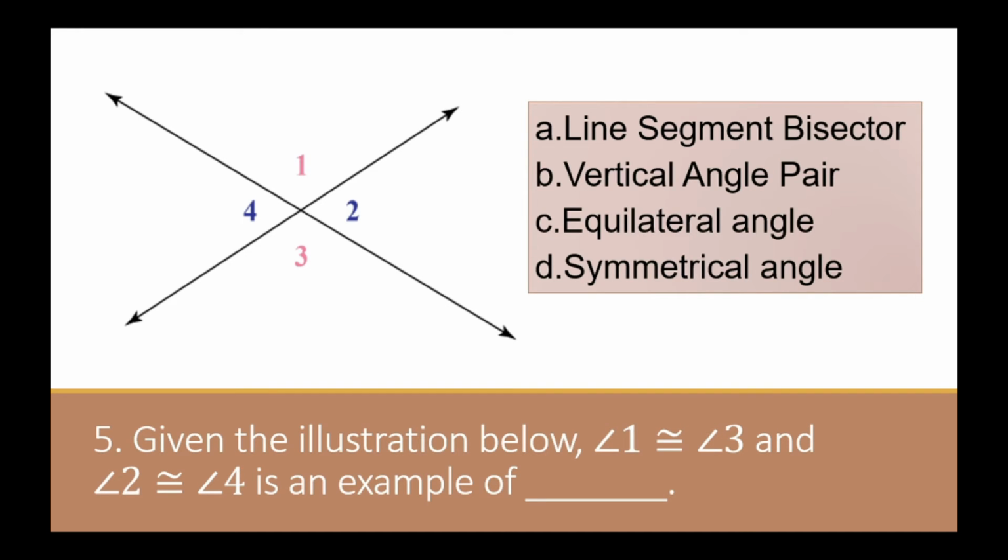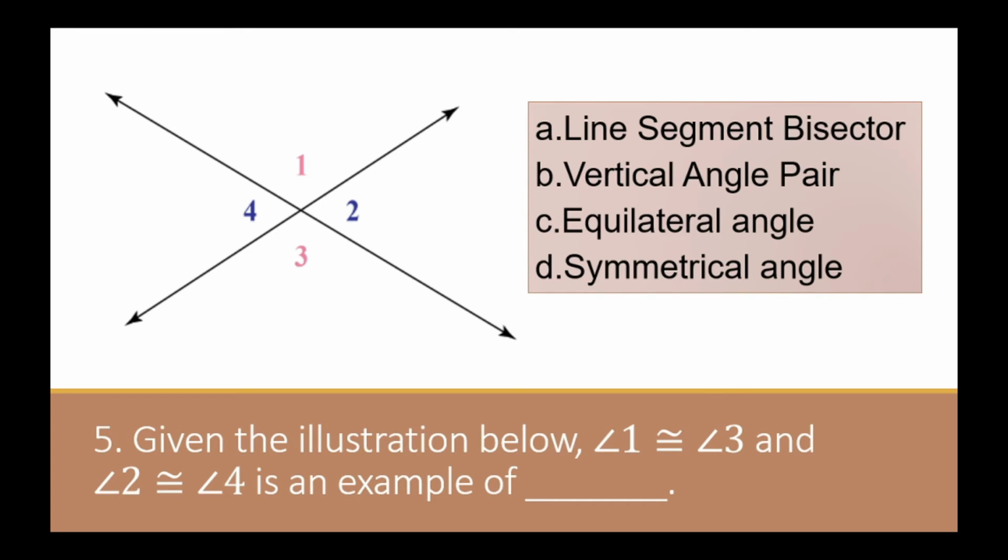Question number 5. Given the illustration above here, angle 1 is congruent to angle 3 and angle 2 is congruent to angle 4. This is an example of blank. Letter A, line segment bisector. Letter B, vertical angle pair. Letter C, equilateral angle.